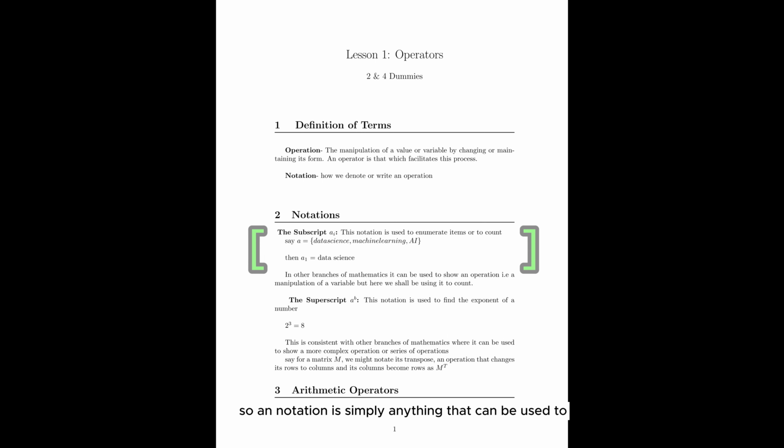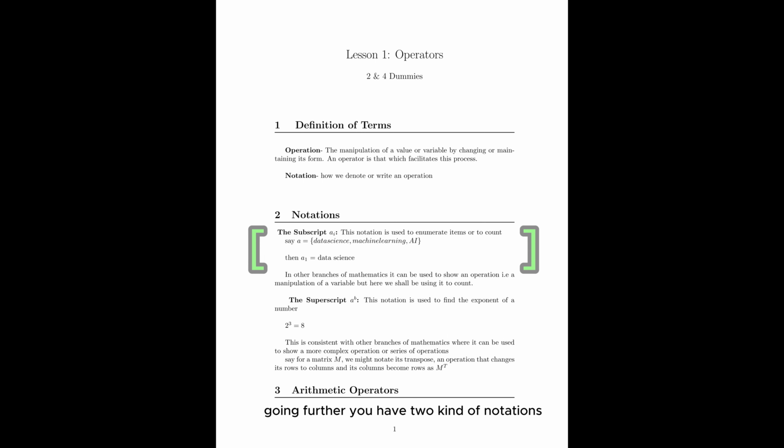Notation is simply anything that can be used to represent something else. And in mathematics mostly we use the Greek alphabet to denote various items that we want to write down.